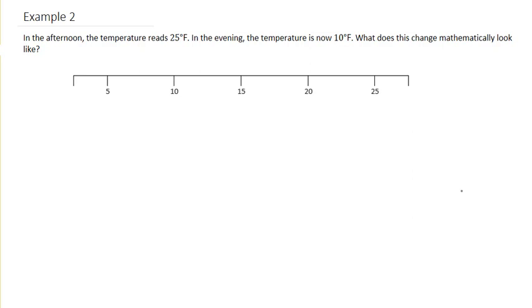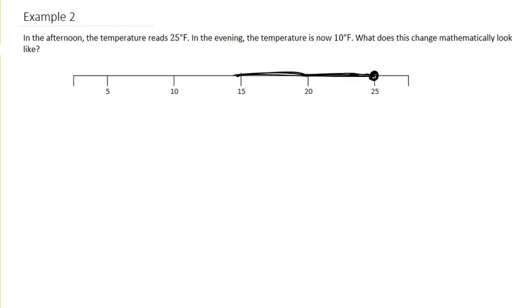In the afternoon, the temperature reads to be 25 degrees Fahrenheit. In the evening, the temperature is now 10 degrees Fahrenheit. What does this change mathematically look like? So instead, we're now starting on the right, and we're going to move to the left as we're going negative, or we're going down. So we start at 25, and we go down 5, so that's 5.